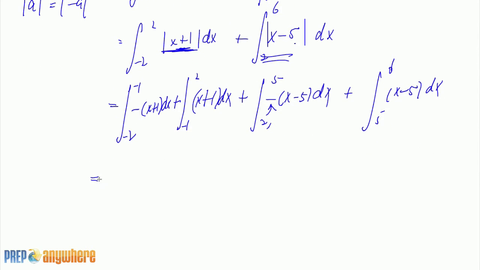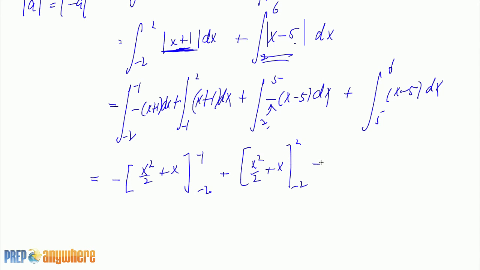Alright, so now you integrate and you have x squared over 2 plus x, and then this is minus x, so that's going to be minus x squared over 2 plus 5x.